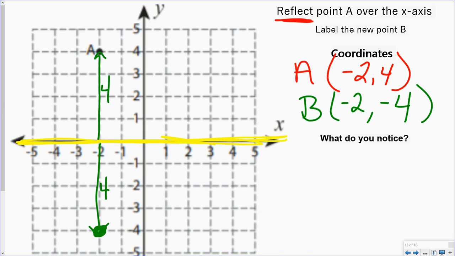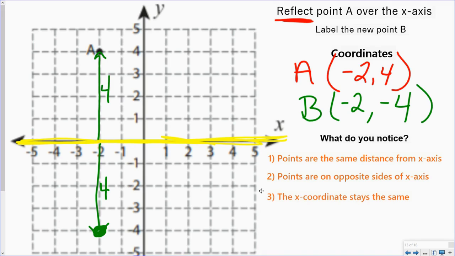So what are some things that we notice about this? Well, my first thing is that the points are the same distance from the x-axis. One's just 4 spots above, the other one is 4 spots below. The points are on opposite sides of the x-axis. The x-coordinate stays the same.